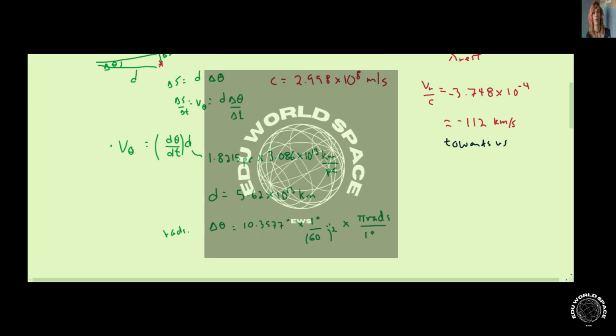So we'll have to take that number, 10.3577, divide by 60 squared, multiply by pi, divide by 180. And let's see, we get 4.848 times 10 to the minus 6 radians.